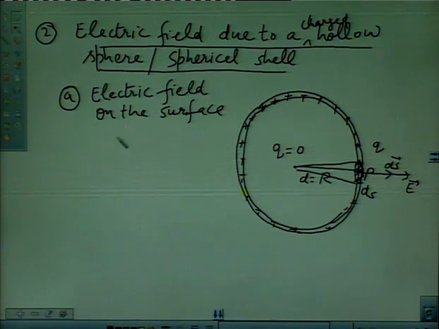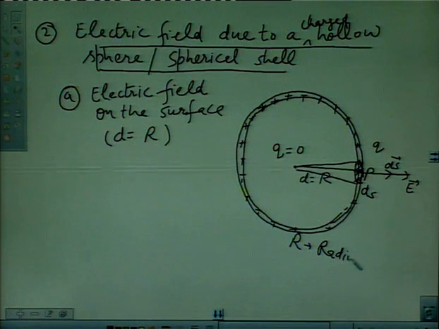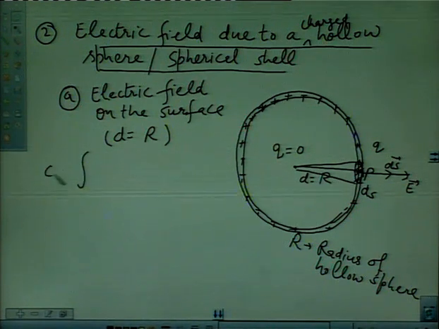On the surface, the distance d is equal to r. The r is the radius of the hollow sphere. So we apply Gauss's law.